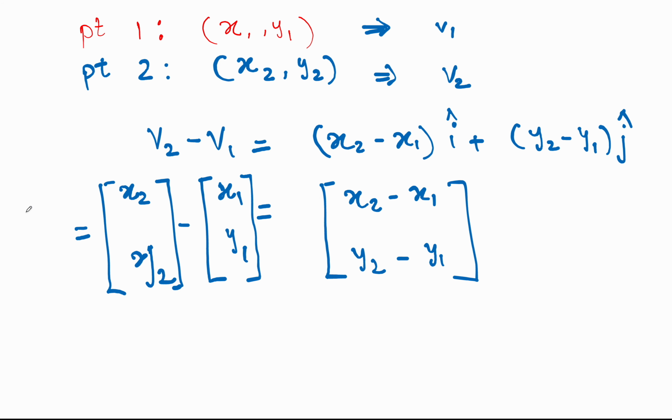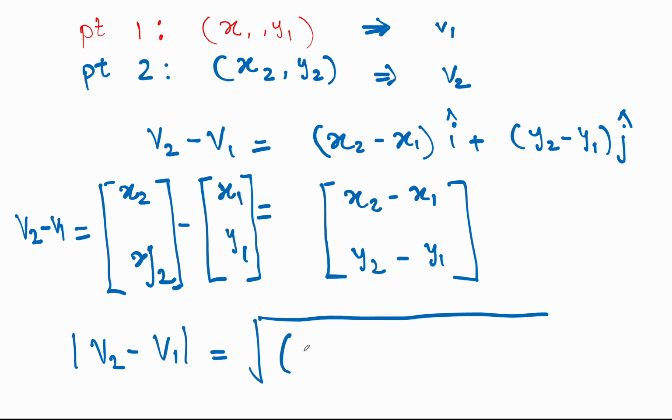And if we find the magnitude of v2 minus v1, that will be the square root of x2 minus x1 square plus y2 minus y1 square.